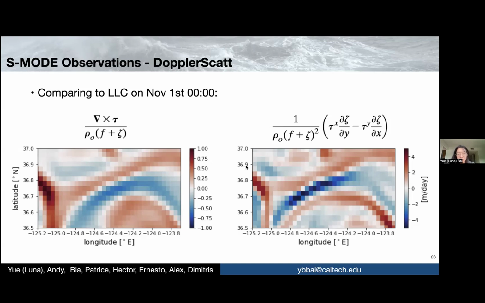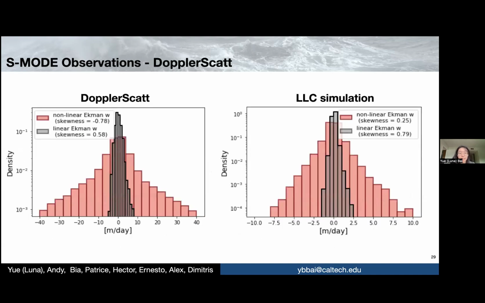Again, we can see the magnitude of either the linear or the nonlinear incremental vertical velocities is greatly reduced compared with what we see in Doppler scat observations. And lastly, here are histograms for both of the incremental vertical velocities in Doppler scat and in the simulation. In general, the distribution or the skewness of these two vertical velocities in these two environments is pretty similar, especially for the linear incremental vertical velocities.